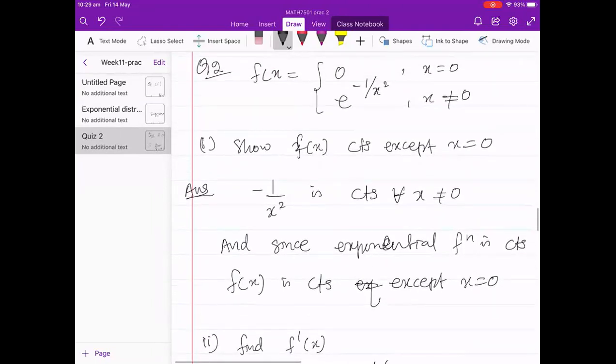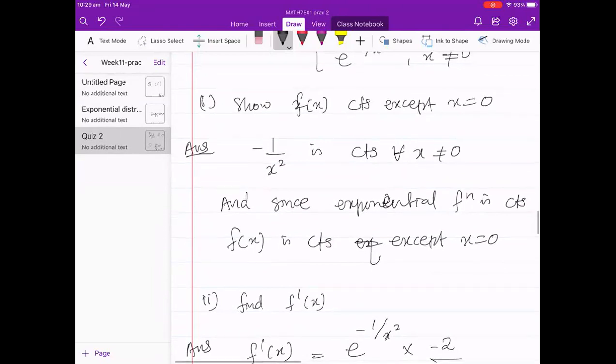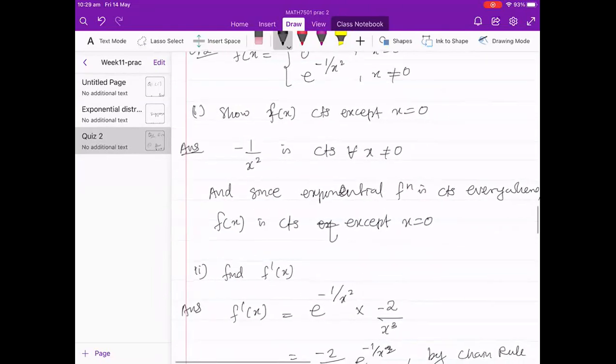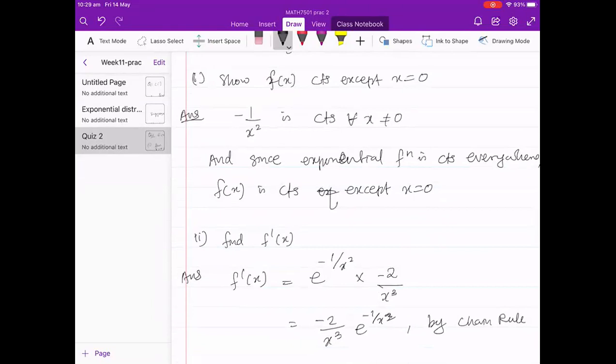Let's argue it in this way. Minus 1 over x squared is continuous for all x not equal to 0, and since the exponential function is continuous everywhere, f(x) is continuous except at x equals 0.